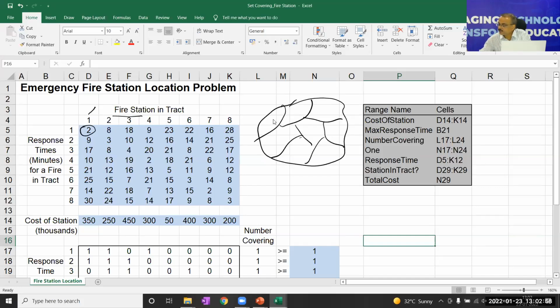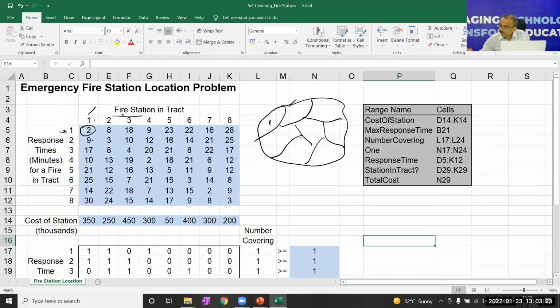So let's say this is region 1. If the fire station is located in region 1, and if the fire occurs in region 1, it will take 2 minutes to reach the fire. Similarly, if the fire station is located in region 1, and if the fire occurs in region 2, it will take 9 minutes to reach the fire.